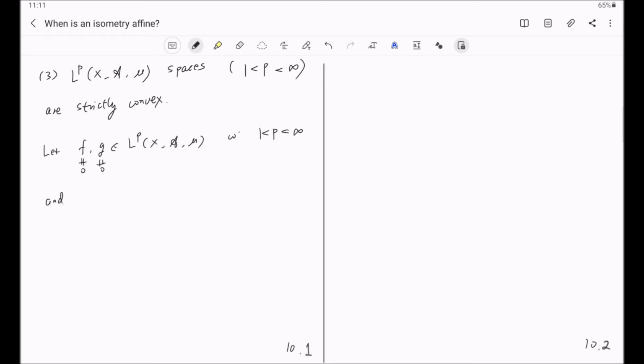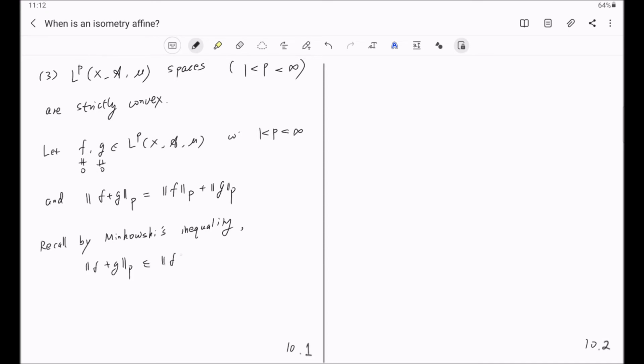And the Lp norm of f plus g we assume is equal to the norm of f plus the norm of g. And now recall, by Minkowski's inequality, the left-hand side is always less than or equal to the right-hand side.